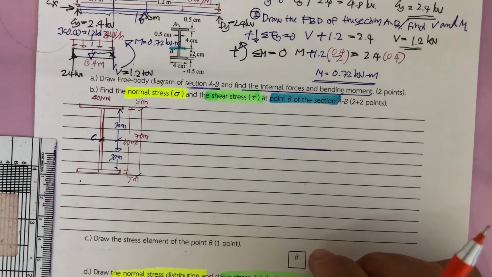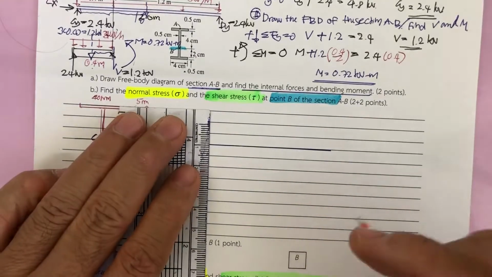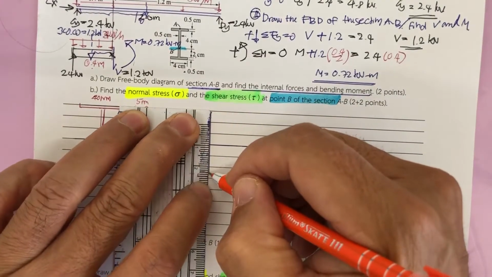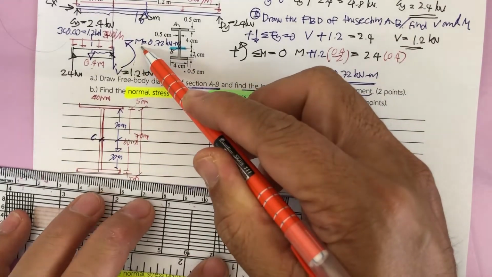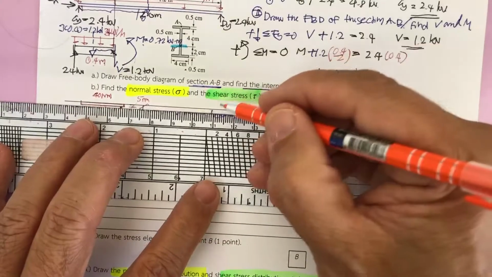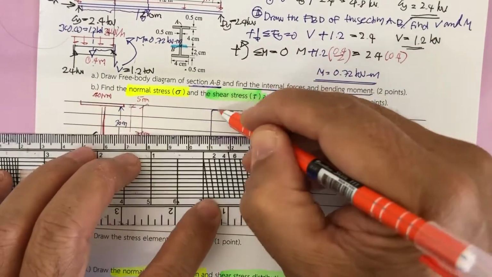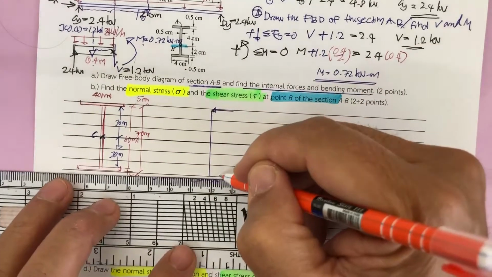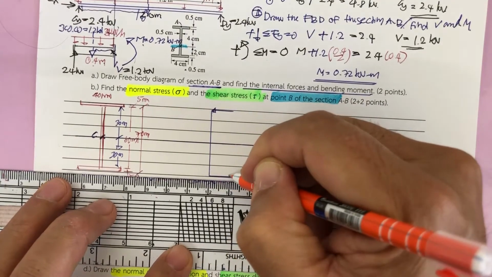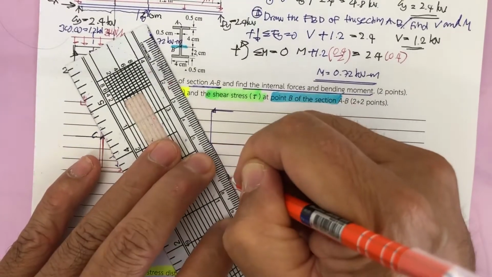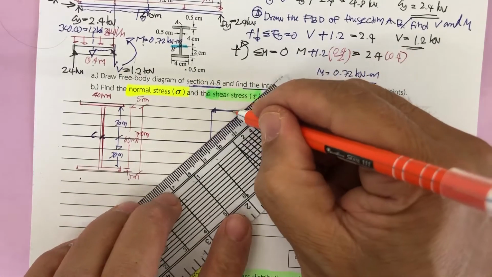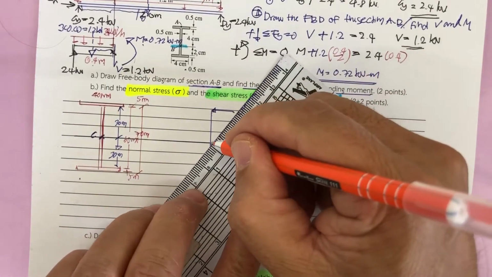Based on the section that we understand here, the section is subjected to what? Subjected to the positive moment. That means it's going to have compression on the top and tension on the bottom, and in between the stress is going to be a triangle.